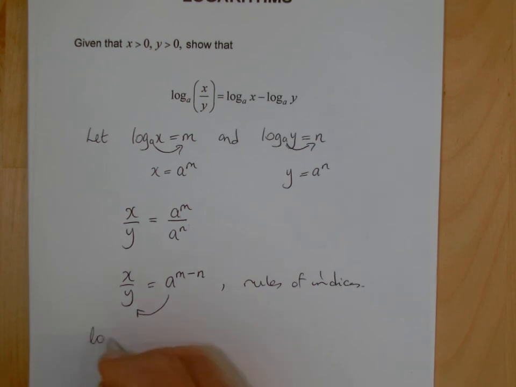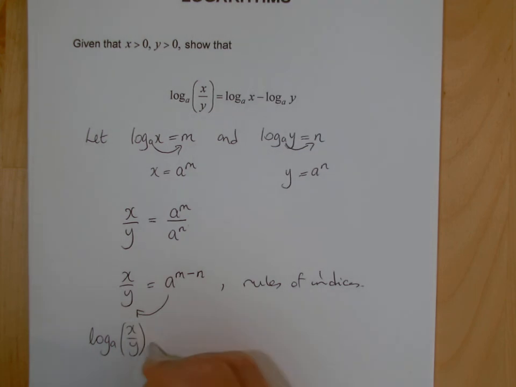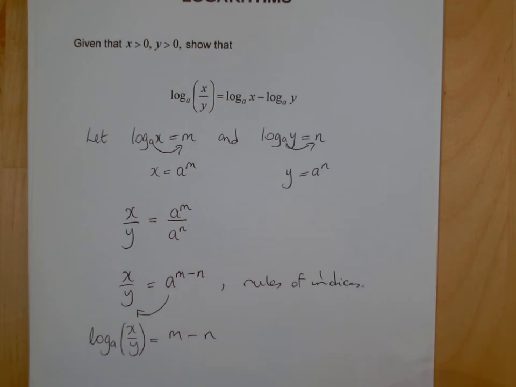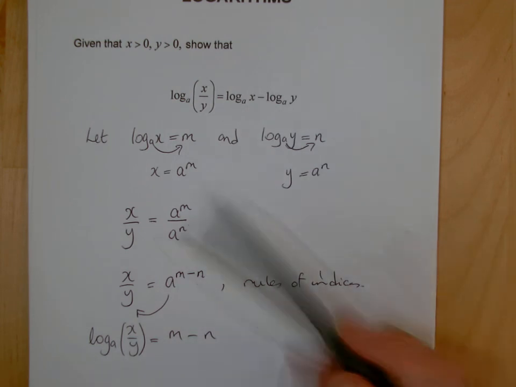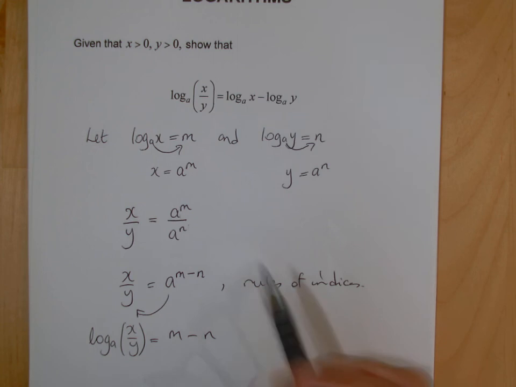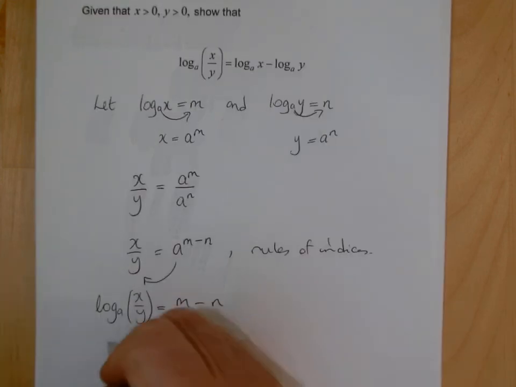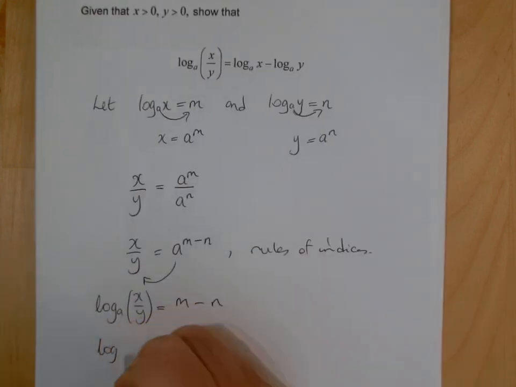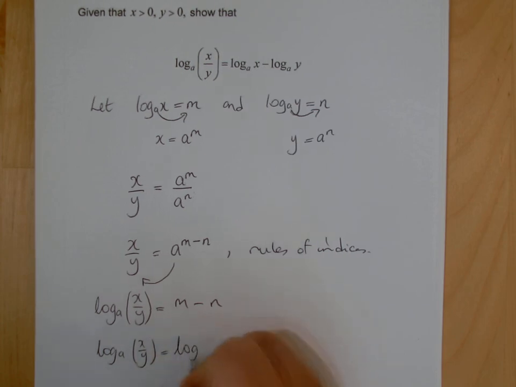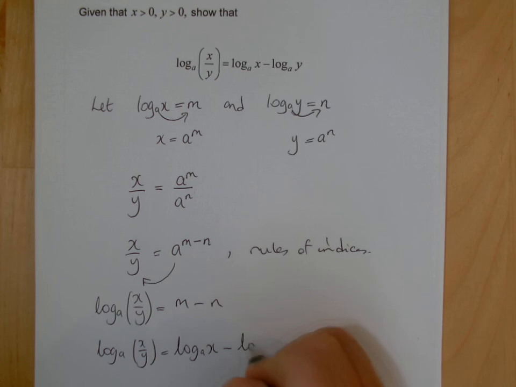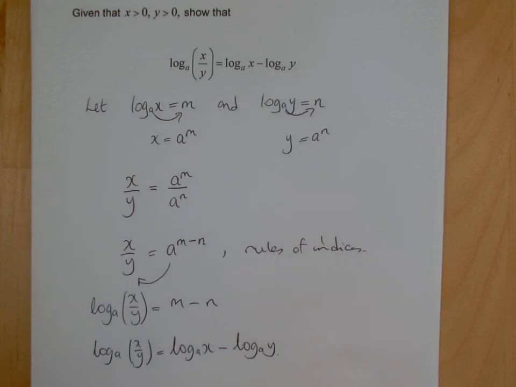So it would be logarithm to the base a of x over y, and that will equal this power m minus n. And then you go back to your definition of m and n, and you just substitute them back in, and you get the required result. So it's log to the base a of x minus log to the base a of y.